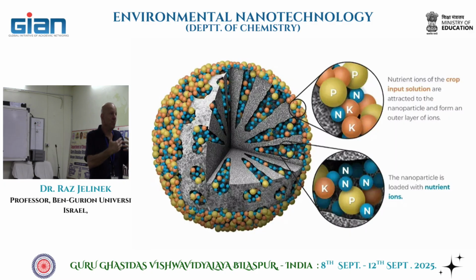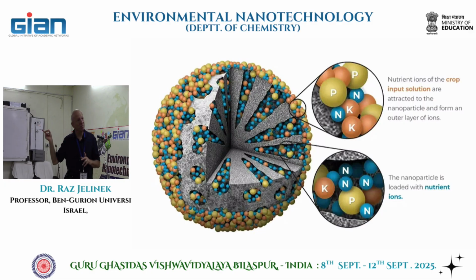Maybe even though they are made of carbon, they go into our body and cause damage. So when you give carbon dots to plants, and after we eat the plants, we eat the carbon dots, maybe there are risks. But let me tell you something.